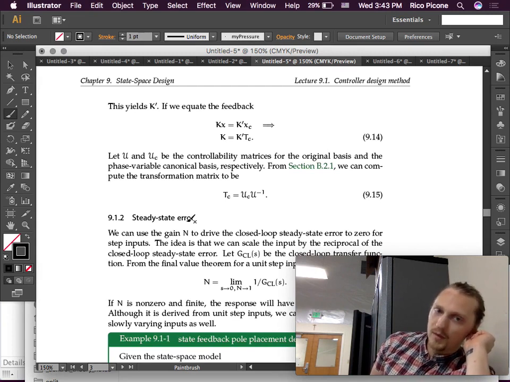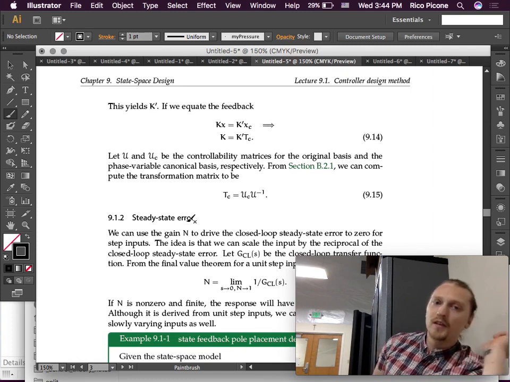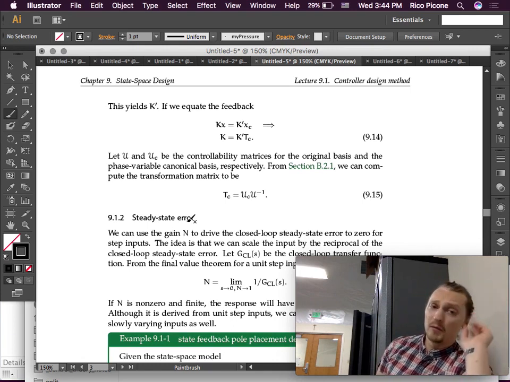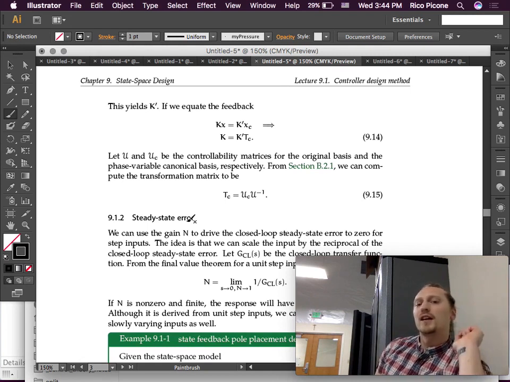We can compute the transformation matrix to be U_C U inverse. So we now have everything that we need to do the design. But before we do the example, we're going to talk about steady state error for a second, and then take a break before the example.